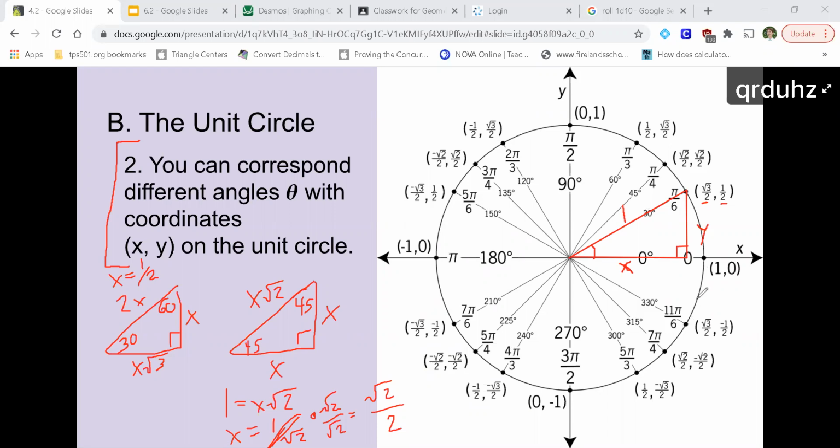They expect you to be able to say, all right, if you have an angle of 150 degrees, what are the X and Y values on the unit circle? And you'd be able to say from memory, negative square root of 3 over 2, 1 half.